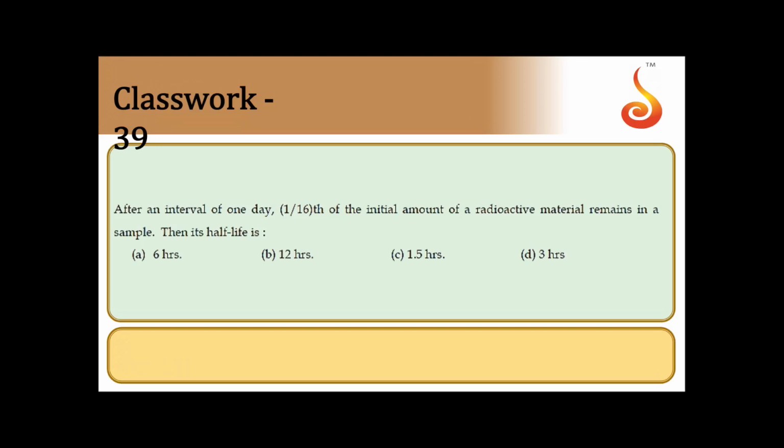So here time elapsed is 1 day. That's what they have given. So N is equal to 1 by 16th of N naught. So we know that N is equal to N naught divided by 2 to the power n.